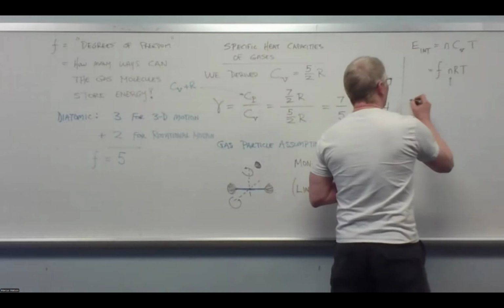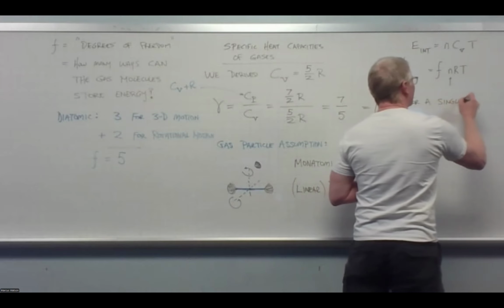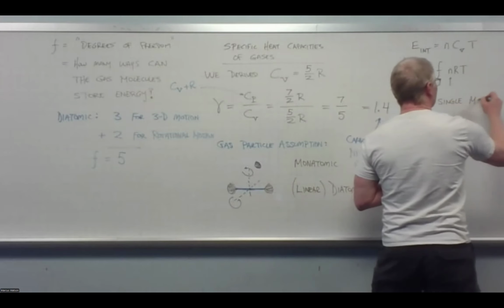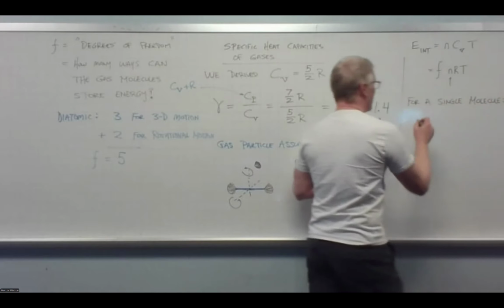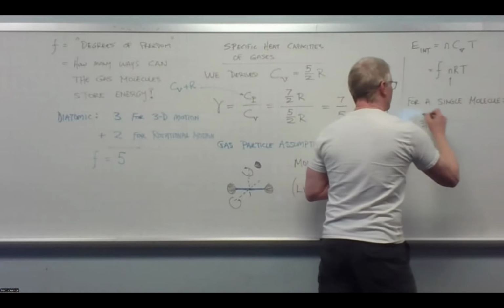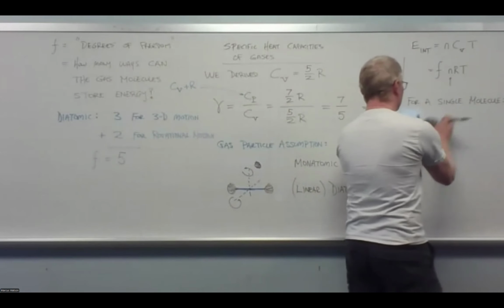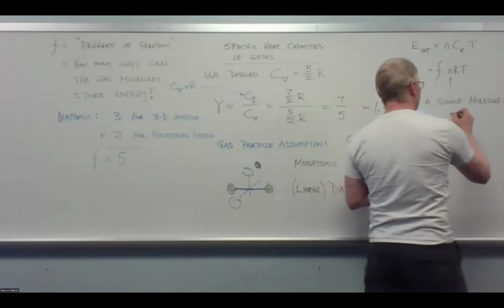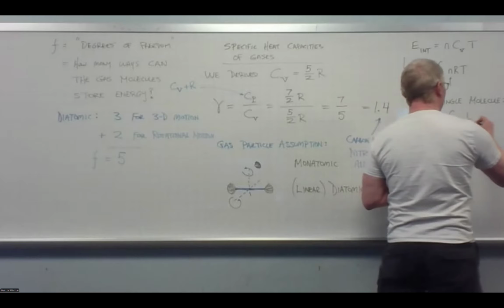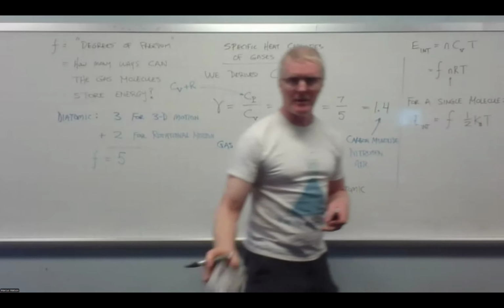But for a single particle or for a single molecule, then the internal energy of a single gas constituent would be that number of degrees of freedom times 1/2 the Boltzmann constant times T. All right.